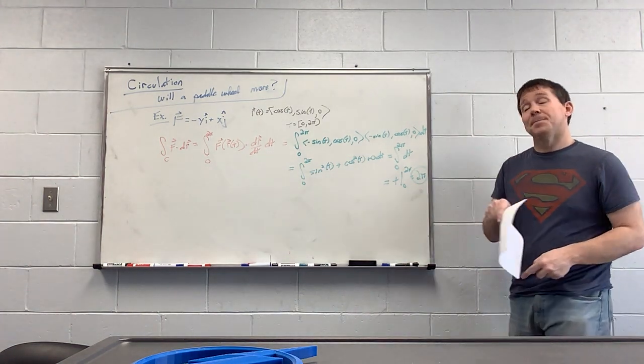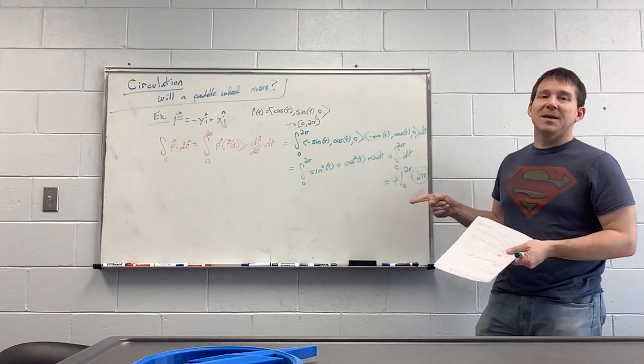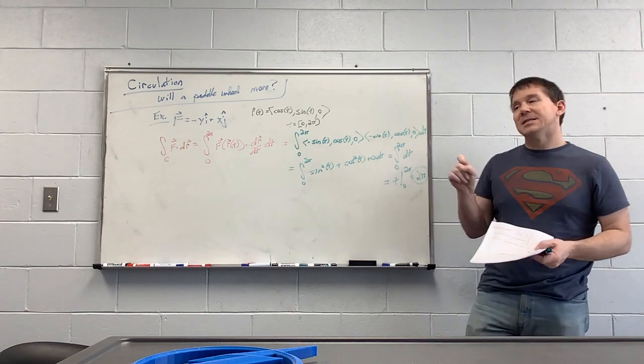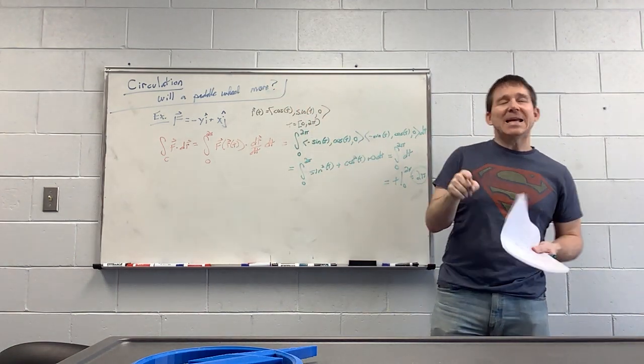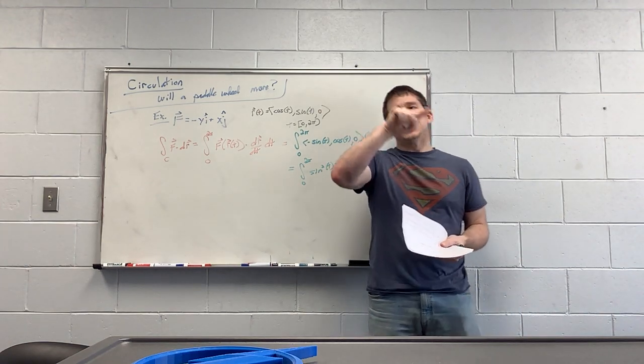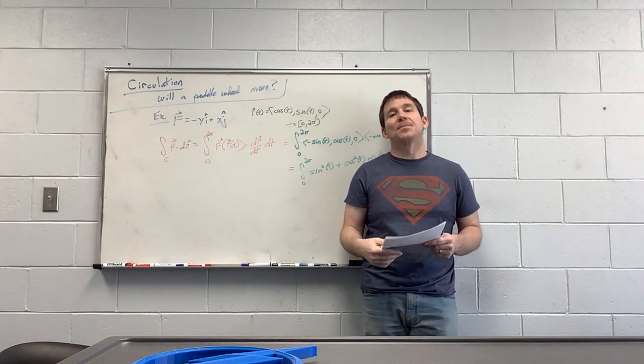Which tells me this integral is positive, so that means my paddle wheel will move within this vector field in a positive direction, which you all know means it goes in a counterclockwise direction.